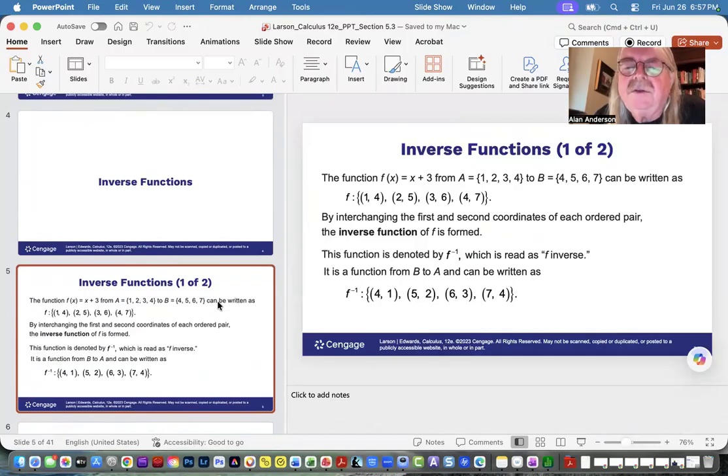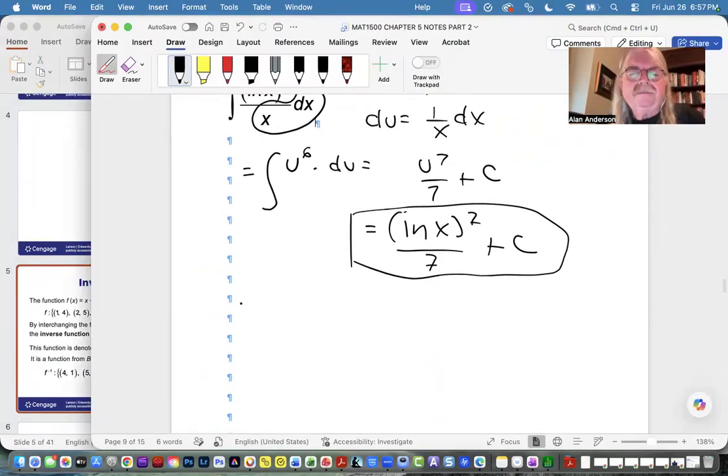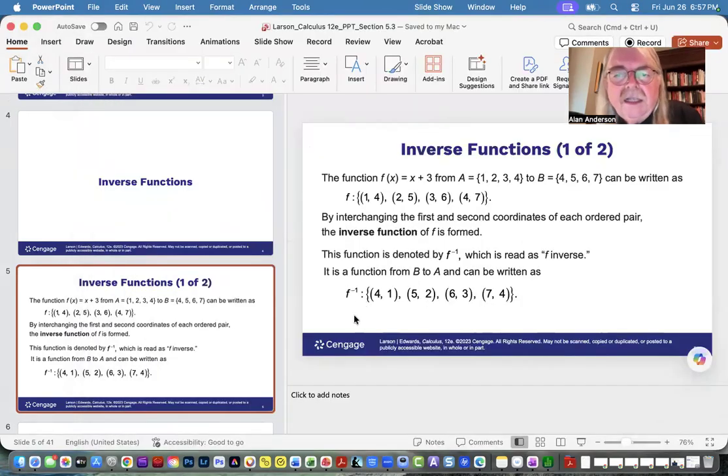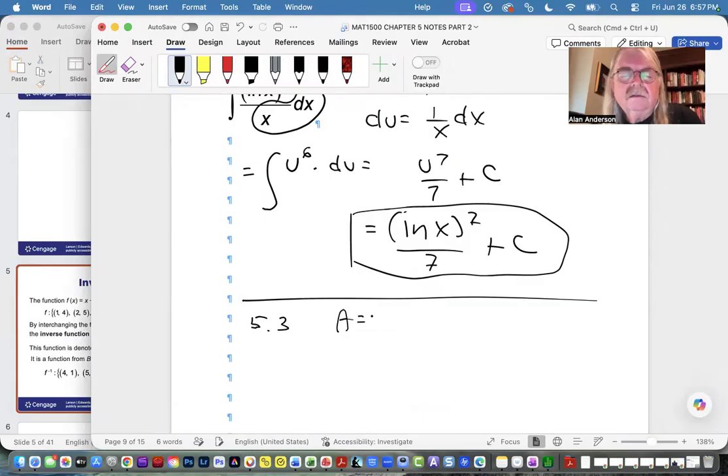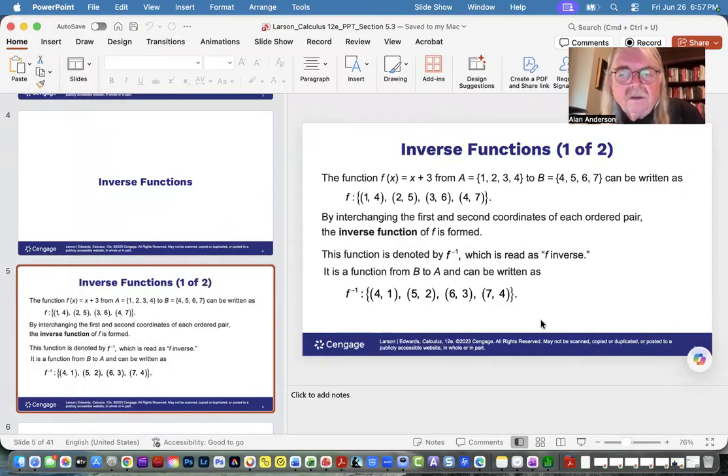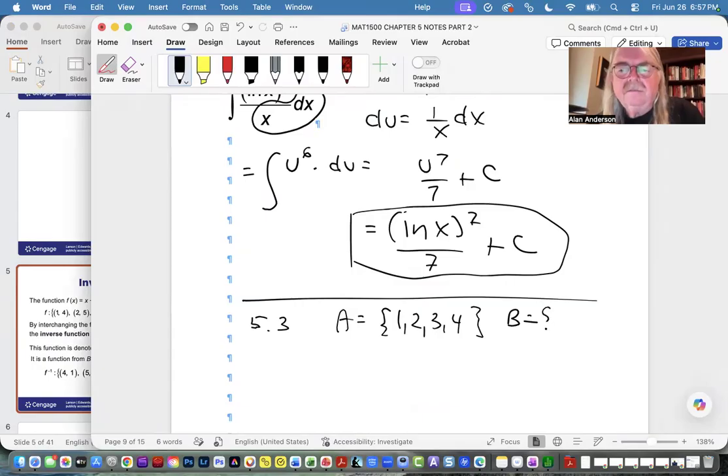We've got these two sets, okay, and A is the set 1, 2, 3, 4. B is the set 4, 5, 6, 7.